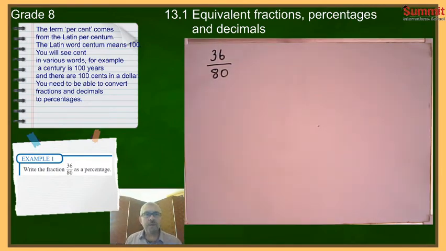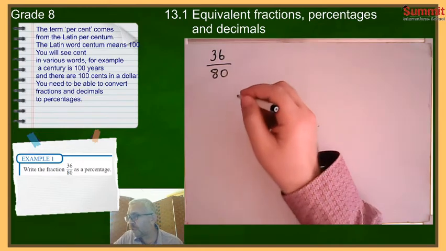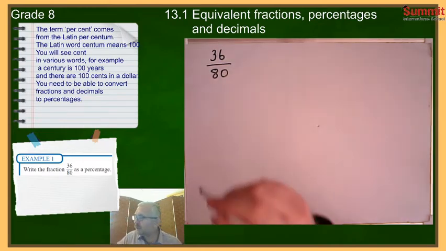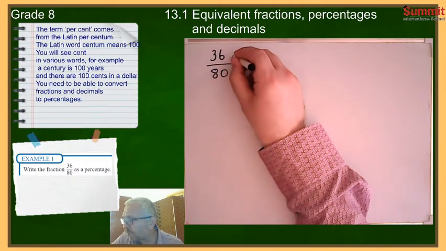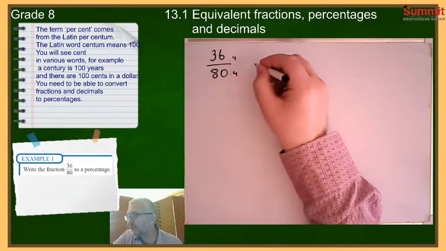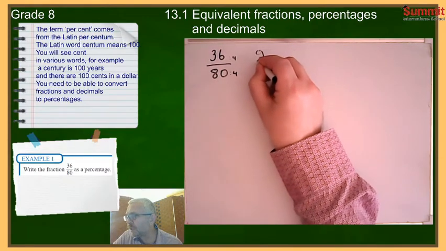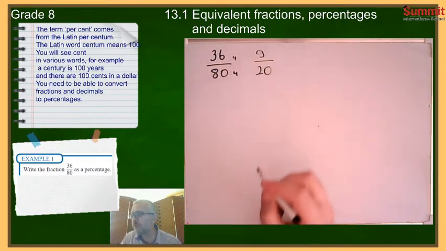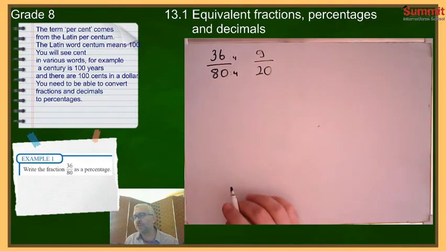Now let's cancel the fraction, finding the simplest form of this fraction. By which number can we simplify this? It's better to simplify by 4. 36 divided by 4 is 9, and 80 divided by 4 is 20. Now we get the simplest form of this fraction.